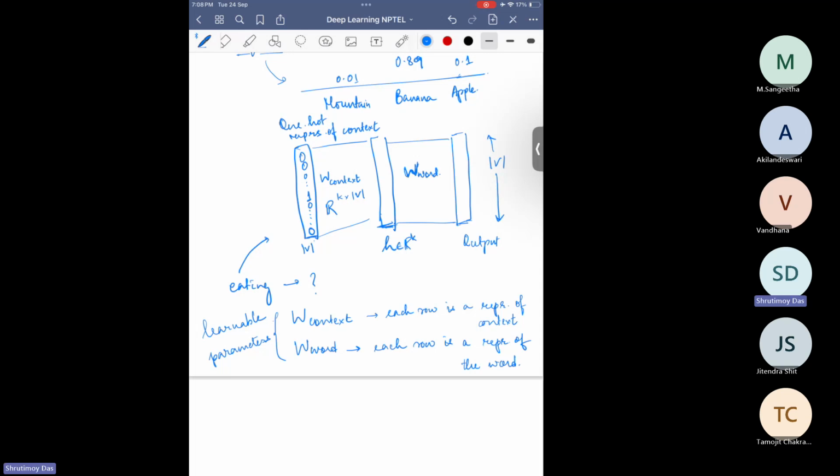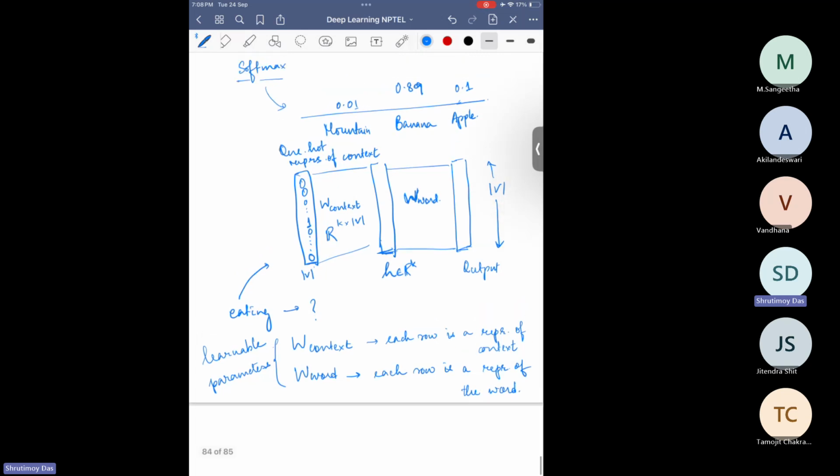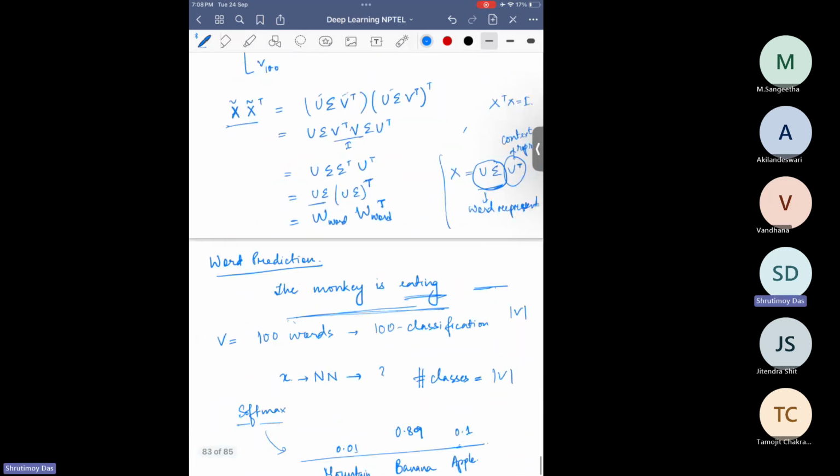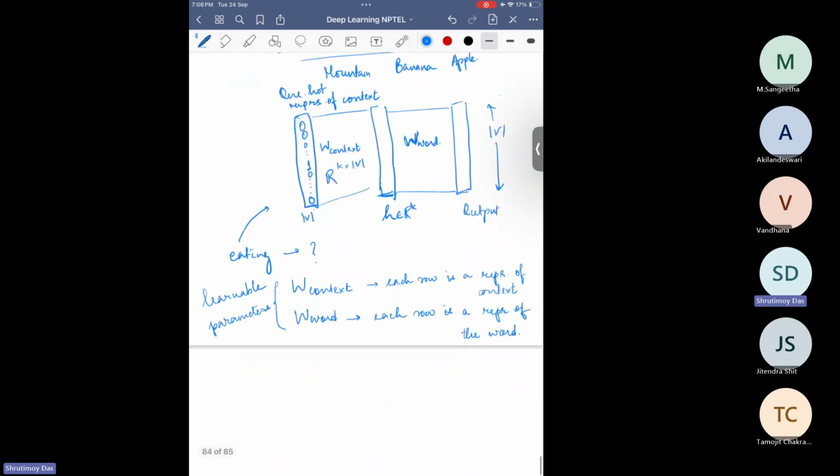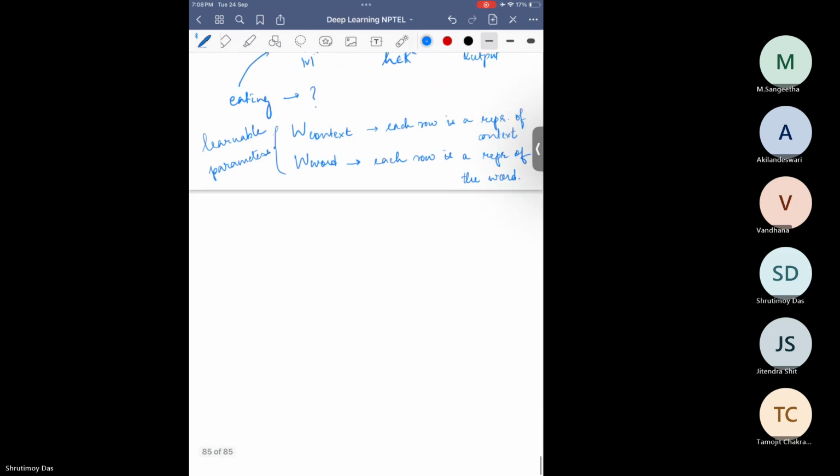Once we have this representation for each word, after training this model, those representations can then be used for training neural networks or whichever task you want. Okay.